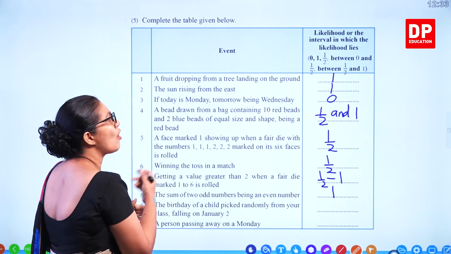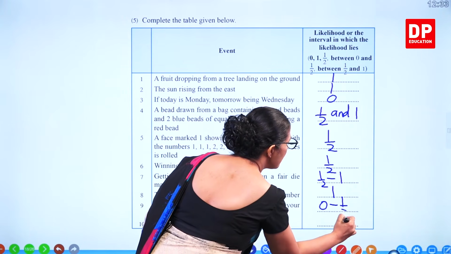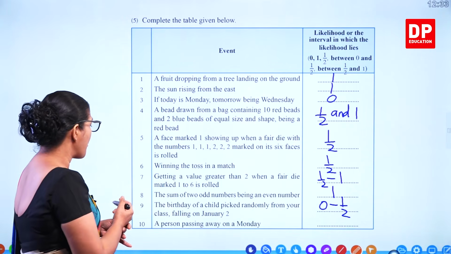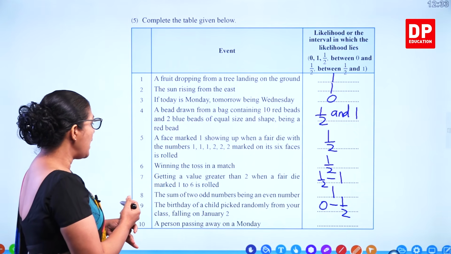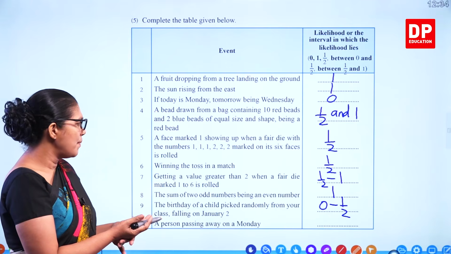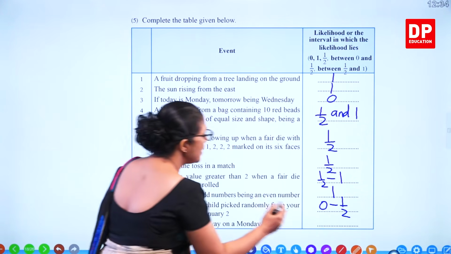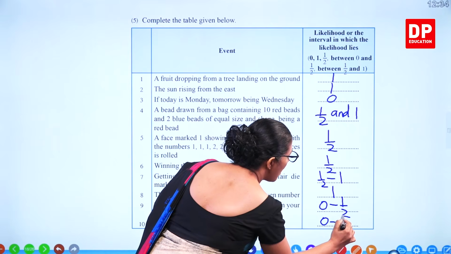Not definite, not impossible. So in between 0 and half. A person passing away on a Monday. So it can happen. So we can say in between 0 and half.